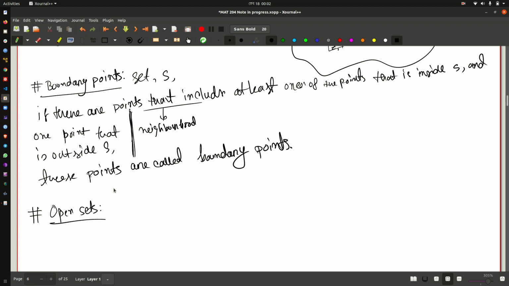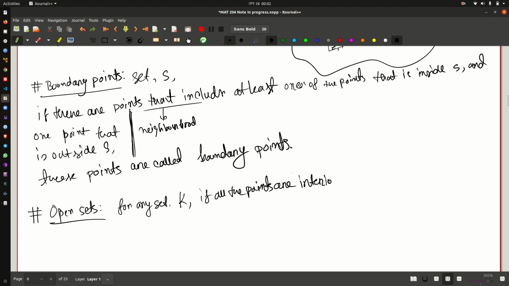So for any set, let's say now K, if all the points are interior points, that means there is no boundary point, right? Because all the points are interior points, then they are called an open set.